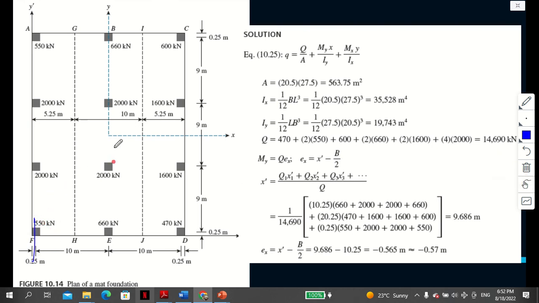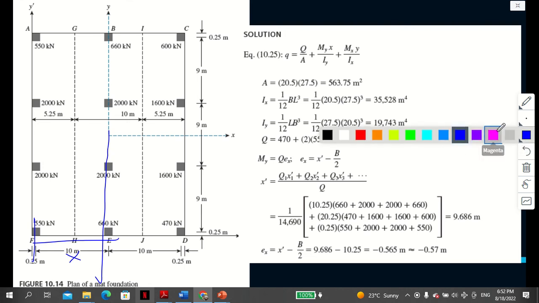So that would be your x, I mean, it's the distance from the reference.